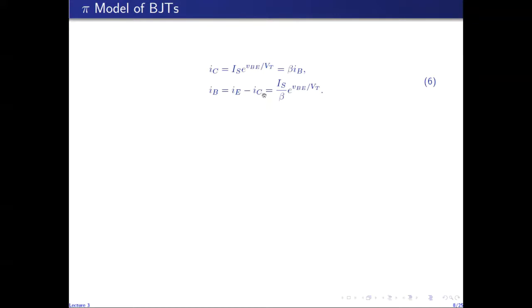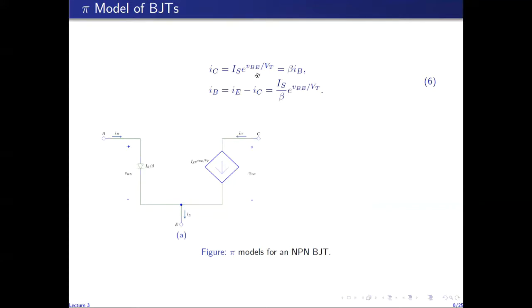So using this set of equations, we can construct another model for the NPN BJT, which is called the pi model, in which again the collector current is represented by this voltage controlled current source according to this expression.